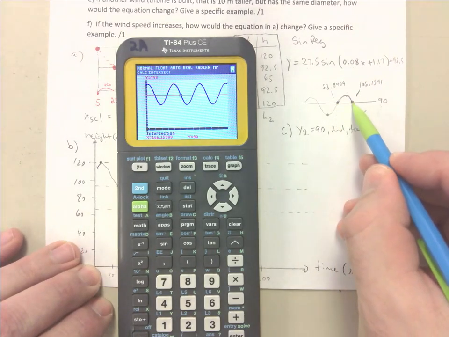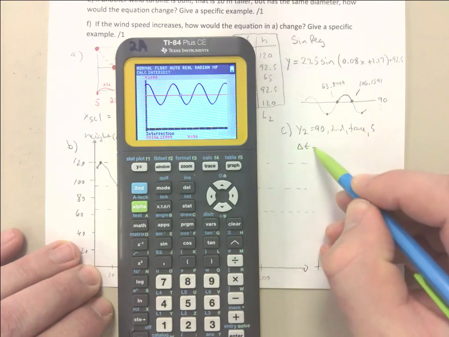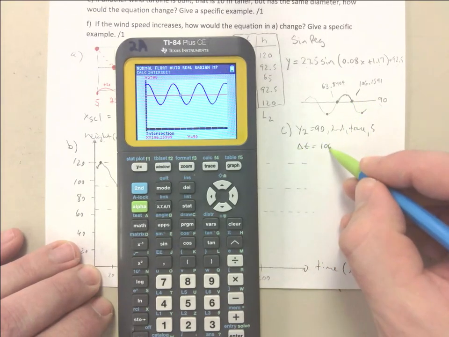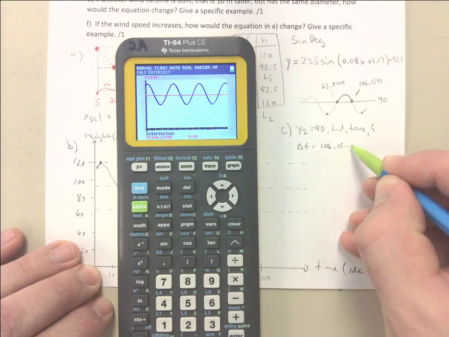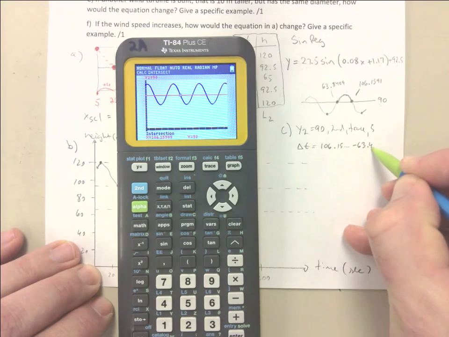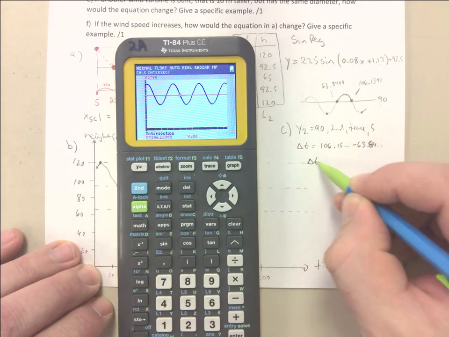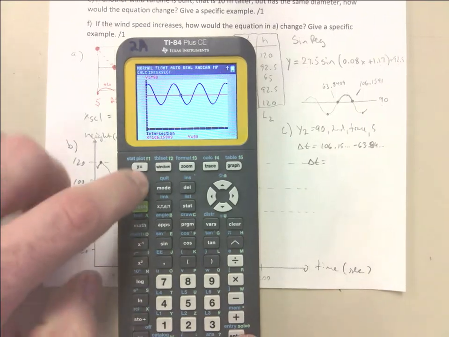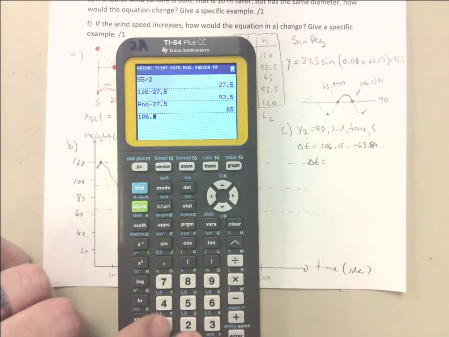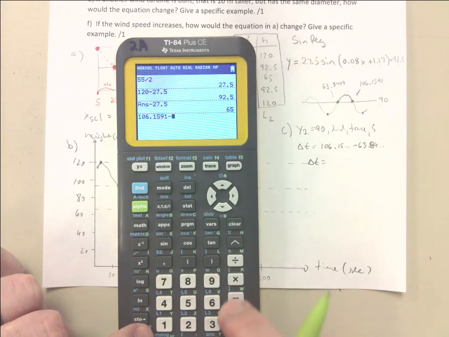Okay. You do a delta t, you subtract those, 106.15 something minus 63.84 something. You get your difference of time. Make sure you don't round too soon.